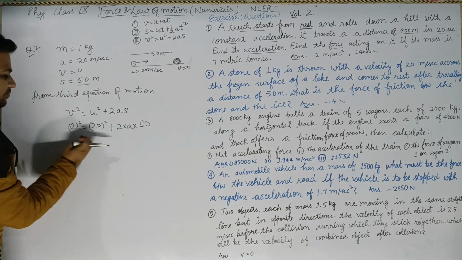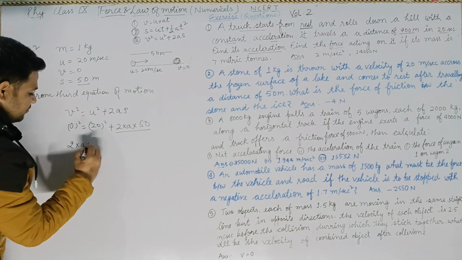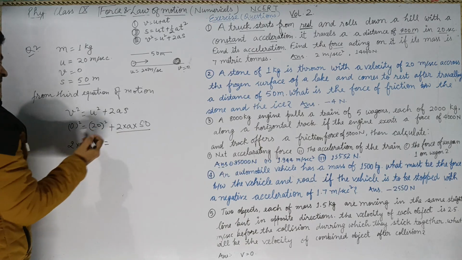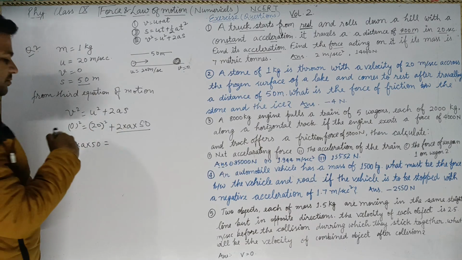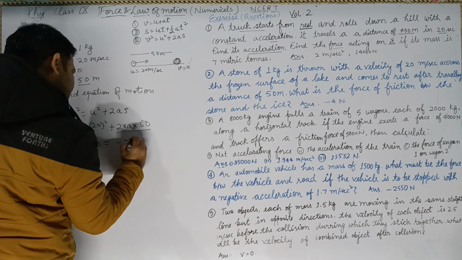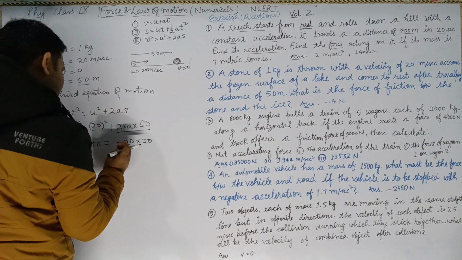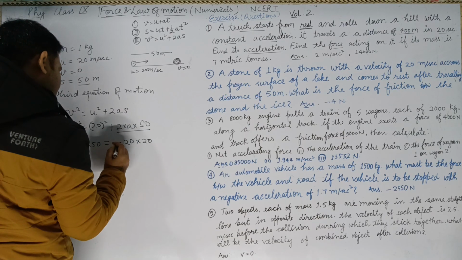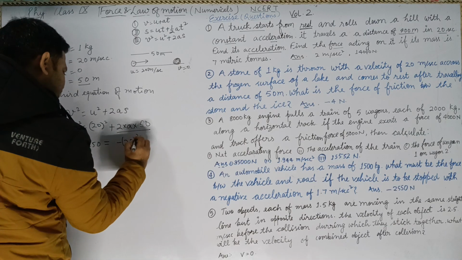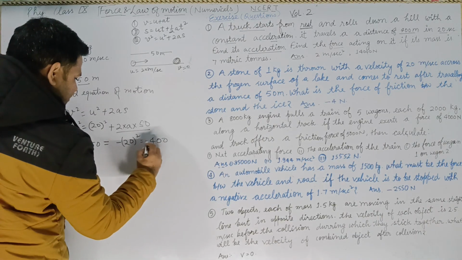What we write here: 2 into a into 50 is equal to, when we take 20 square to the other side, it will be minus 20 into 20, minus 20 square, and the square of 20 is 400, so minus 400.